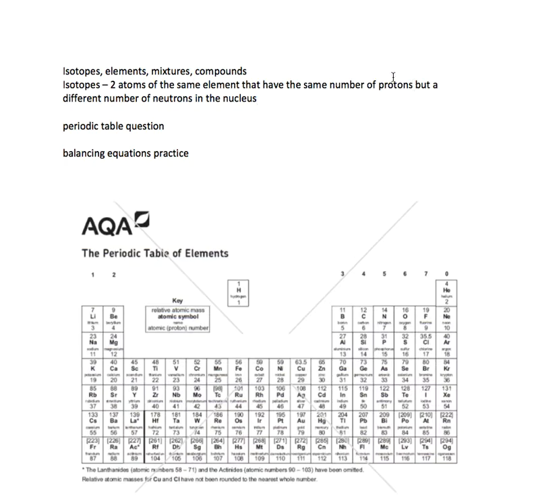Because they have the same number of protons, they have the same electronic structure, and so they have the same chemical properties. But they're not the same relative atomic mass because they have a different number of neutrons in the nucleus. Okay? So my first point for this video is what isotopes are. You need to be able to say that.